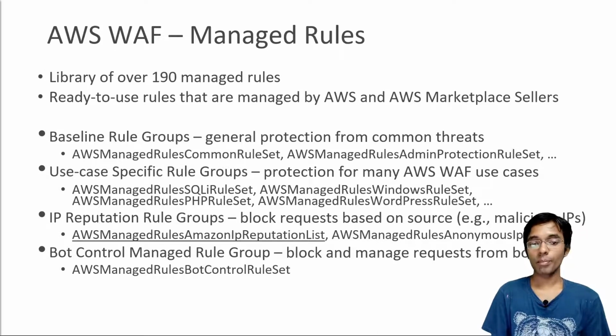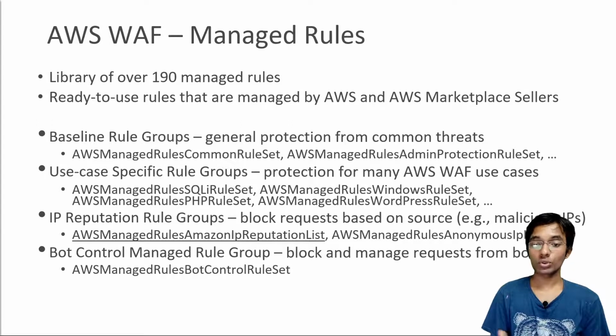So you get baseline rule groups, which is general protection from common threats, and this includes the managed common rule sets, the admin protection rule sets, and so on. So they are just baseline for common protection.